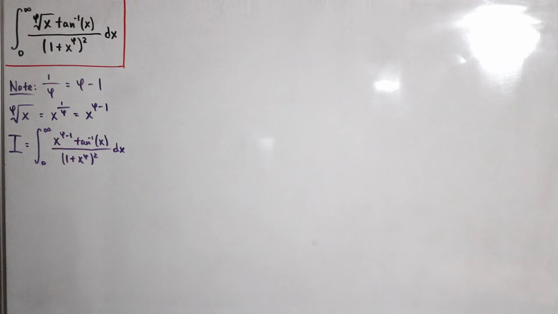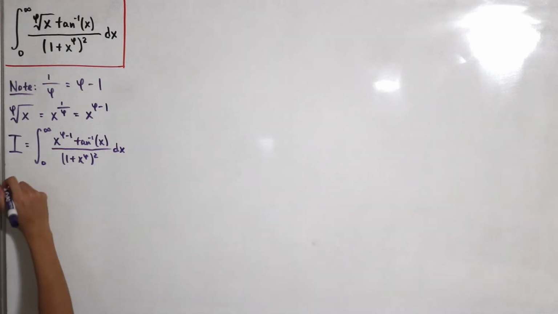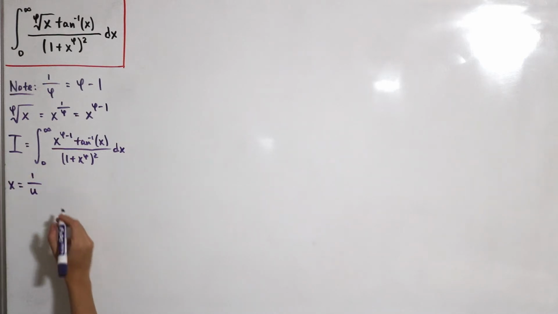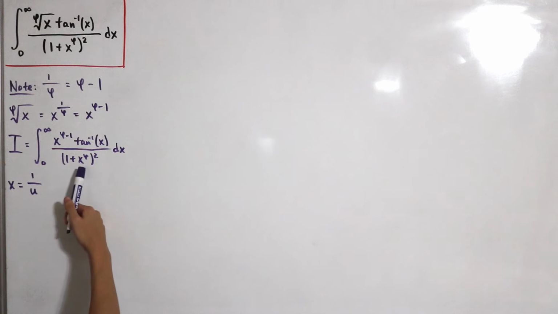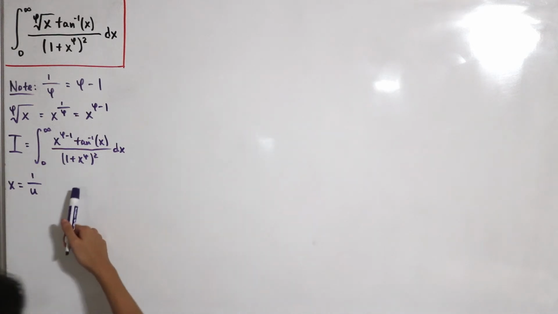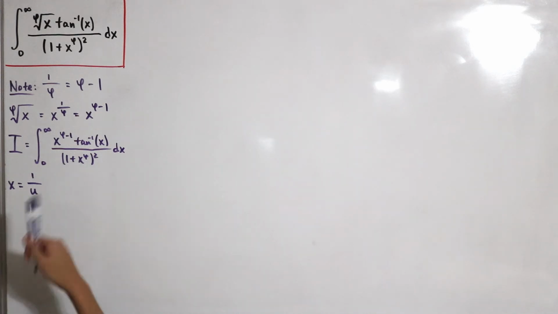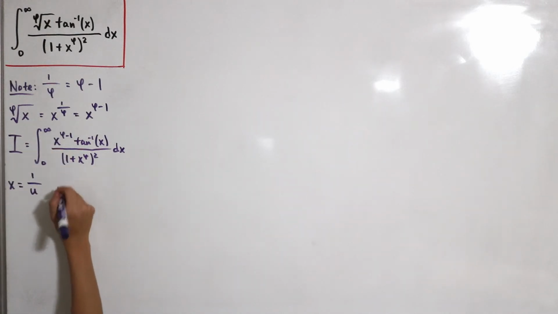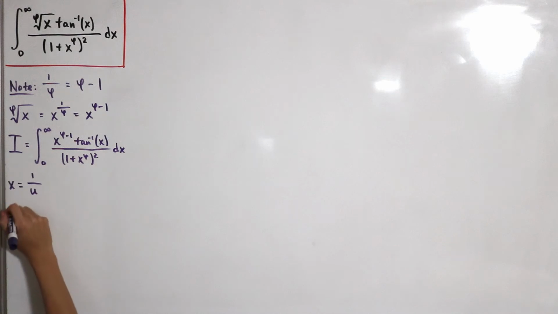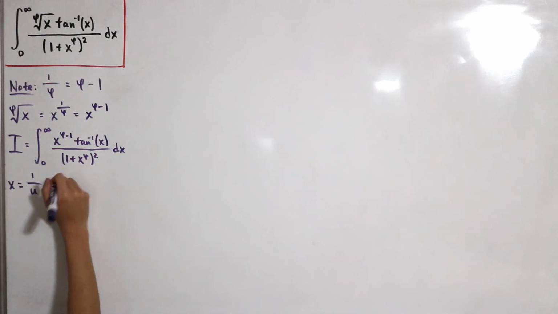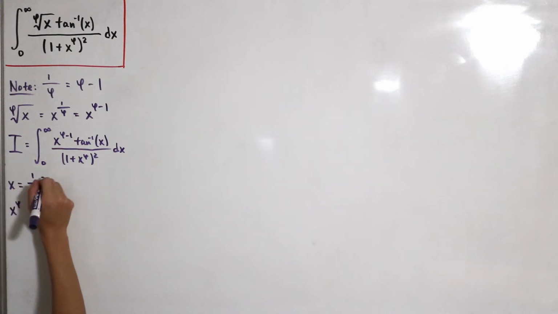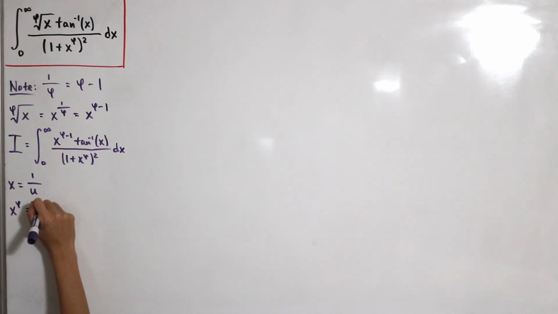Okay, now let's perform a u-substitution. We'll let x equal 1 over u. Before I do the differentiation, let's handle the exponents. For x to the power phi, raising to the power phi on both sides gives u to the negative phi.